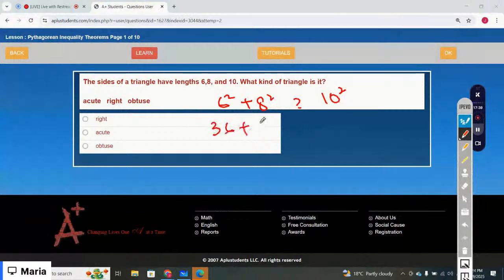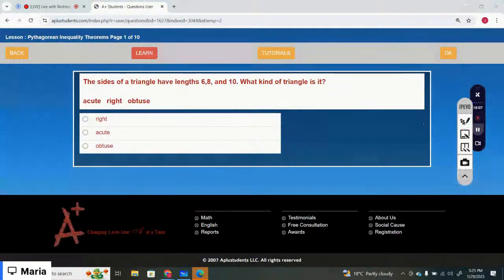That is 36 plus 64, 100. So both sides are exactly equal. When both sides are exactly equal, then that is obviously a right triangle. The correct option is right triangle.